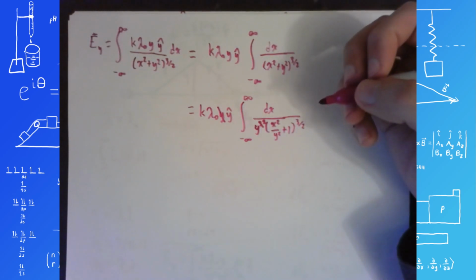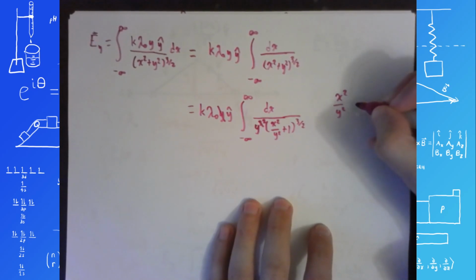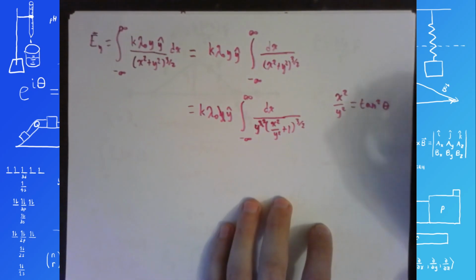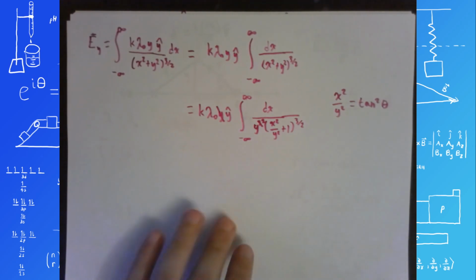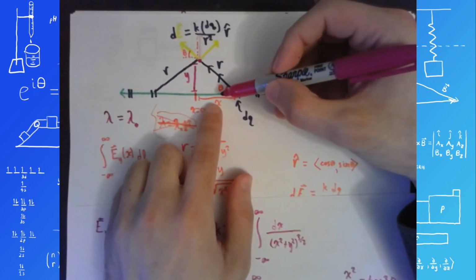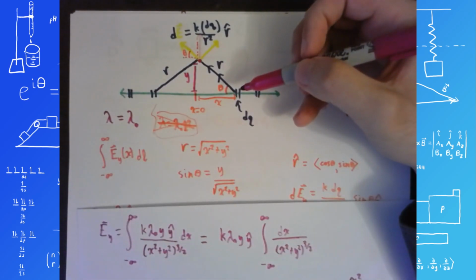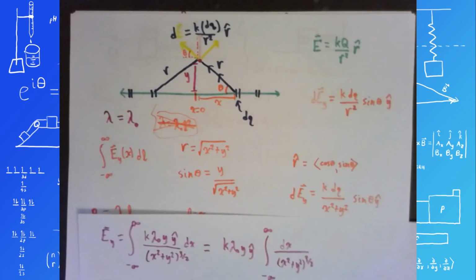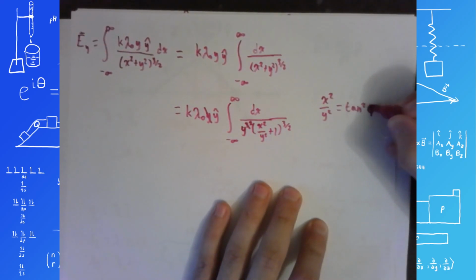As for x squared over y squared, I'm going to go ahead and say x squared over y squared is tangent squared of theta, which actually works because, wait, does it? Okay, I don't want to call it theta. Let's call it phi.